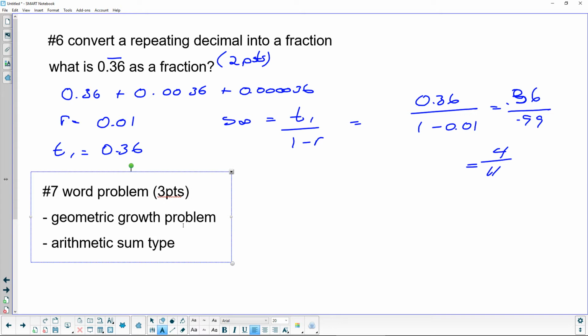The arithmetic sum one might be like the sit-up question, where you might say, I do 5 jumping jacks in my workout. Every following workout, I add 2 more. How many jumping jacks total would I do in my 15th workout? Something like that. So you can study those 2 types of problems.